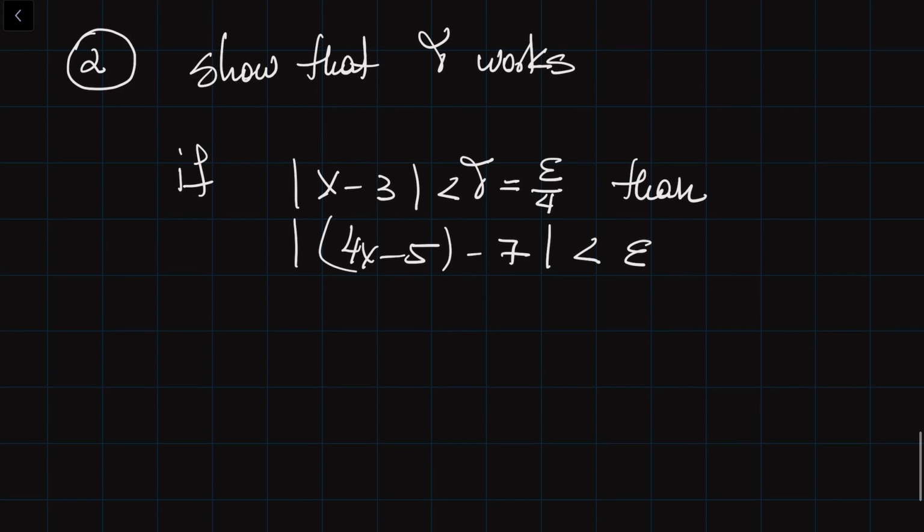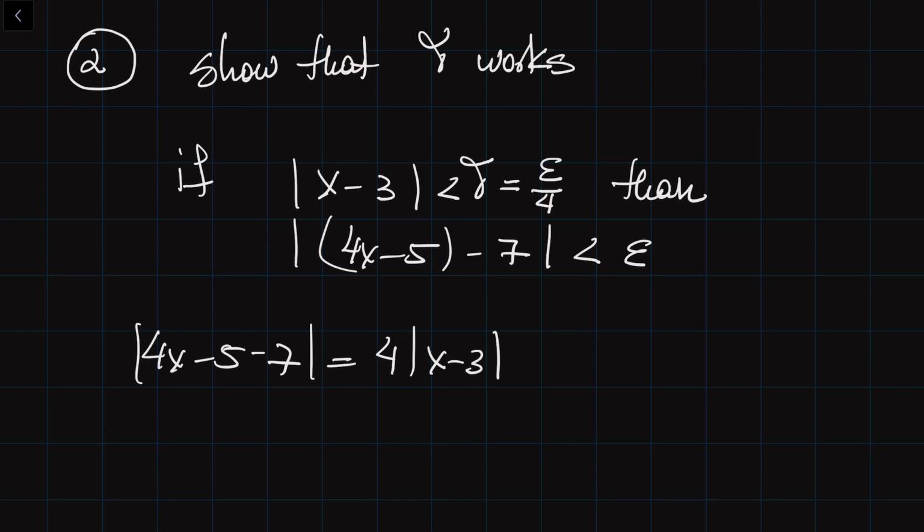And it works because I can substitute this delta, epsilon over 4, into here and show that 4x minus 5 minus 7 is going to be equal to 4 times x minus 3. So I know that this is going to be smaller than 4 times delta.